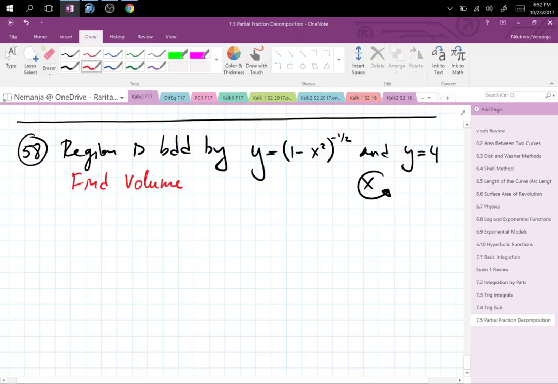So find volume. Now you have to figure out what method to use. You know 2: washer and shell. You have to figure out which one to use, set up, and apparently what you get should be partial fraction decomposition, right?